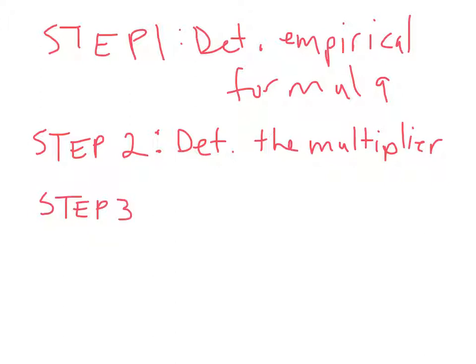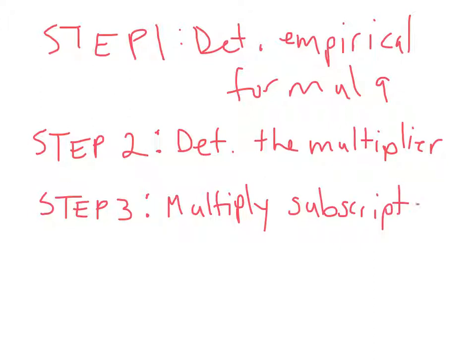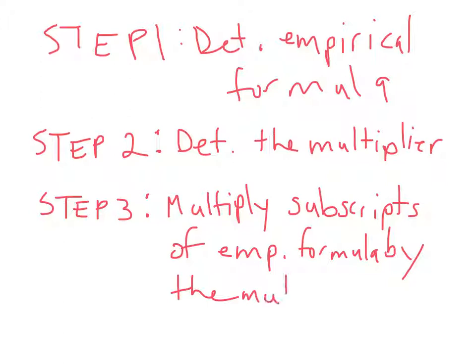And then step 3 for coming up with a molecular formula is to multiply the subscripts of the empirical formula by the multiplier. And that's it. Just those 3 steps will take you from the empirical formula to the molecular formula.